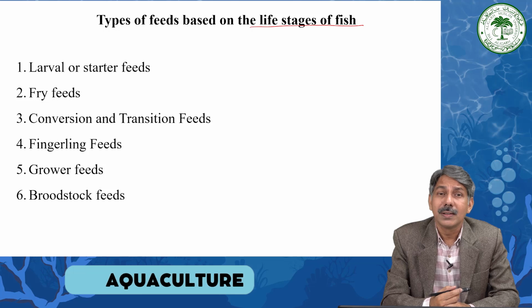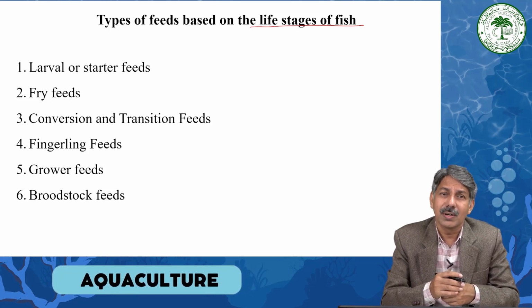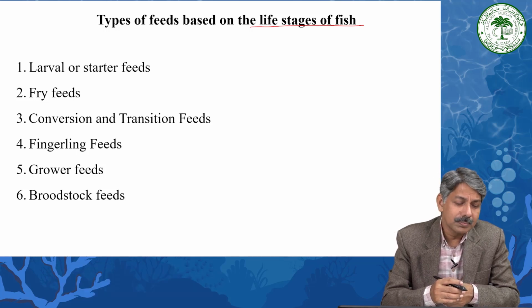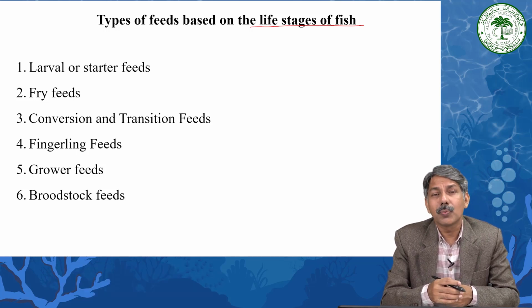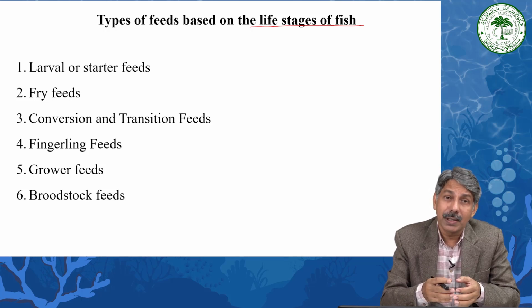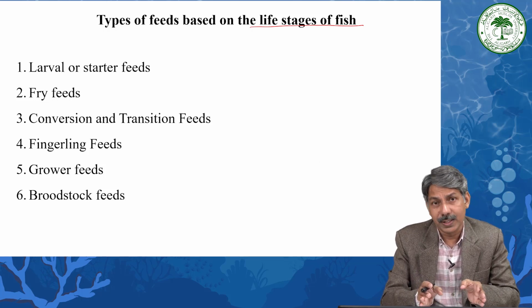farmers who are not doing it on a large commercial basis or on a large scale, they often provide the same kind of feed, the same type of feeding method, to all the life stages. Whichever life stage they have, they will provide only one method of feeding.